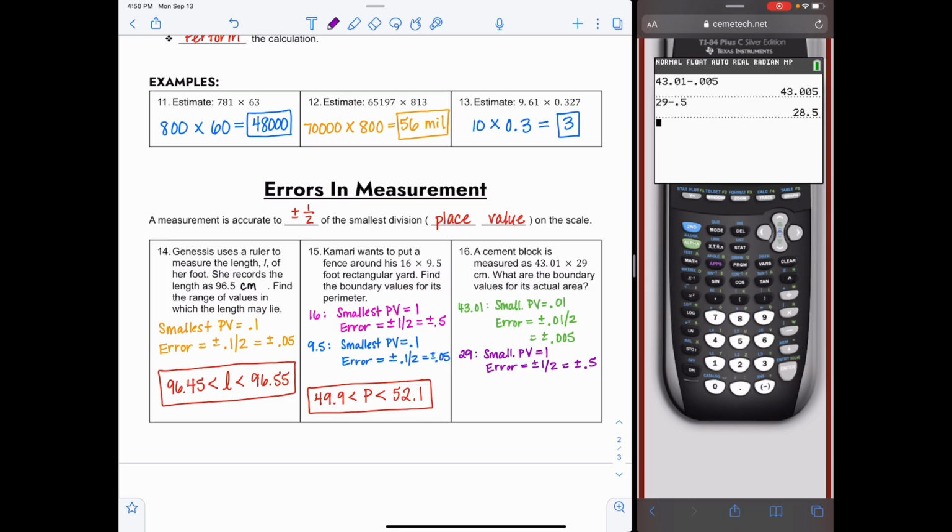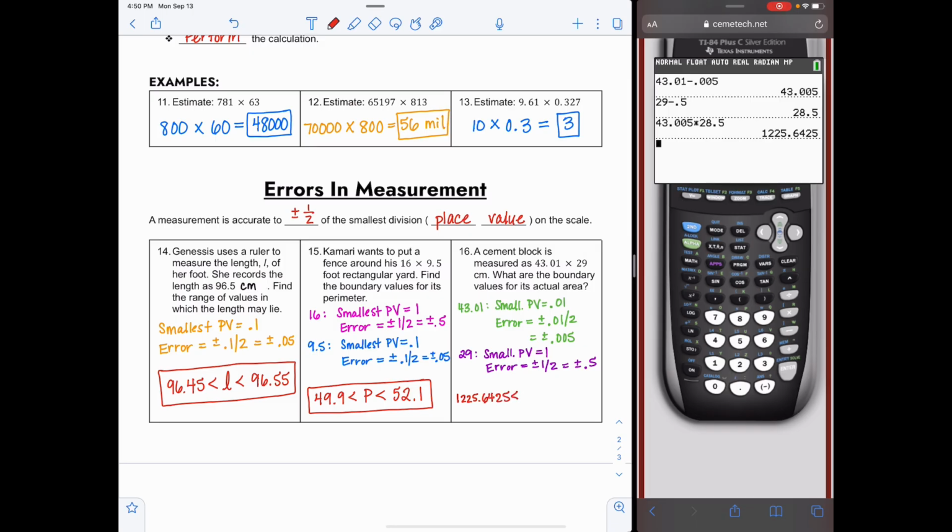So if I want to find the lower bound area, I would just multiply 43.005 times 28.5. And I will end up getting 1,225.6425.